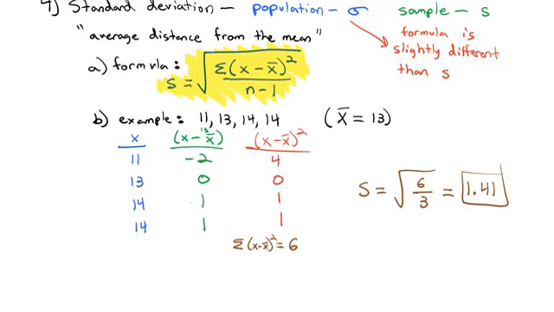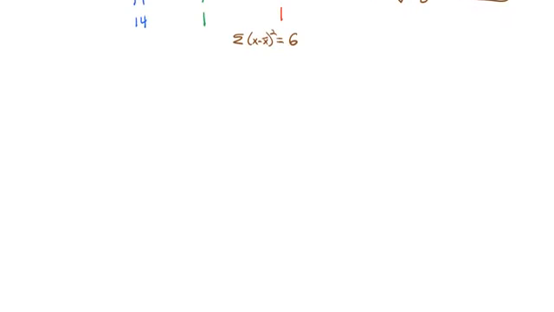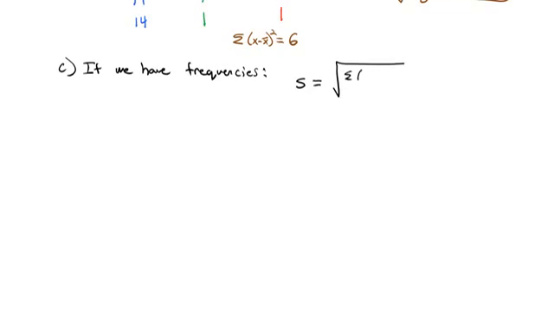Now, similar to our formula with means, if the data is given to us with frequencies rather than individual data numbers, we need to do a slight adjustment to our formula. So if we have frequencies, the formula will slightly adjust to s equals the square root of the sum of x minus x bar squared.